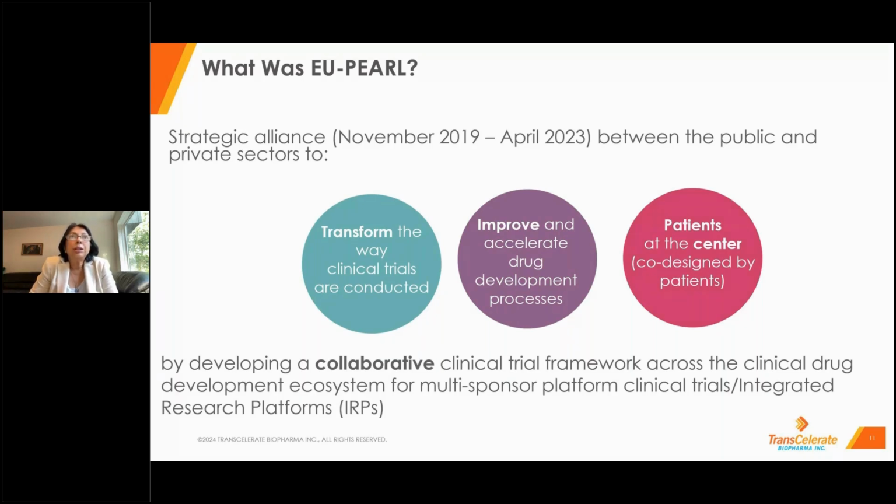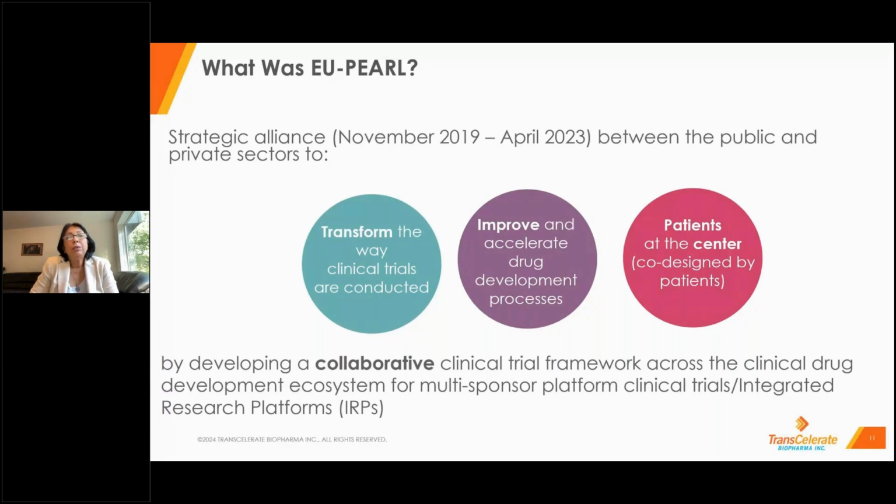So the EU-PEARL project received funding from Innovative Medicines Initiative, and this was supported by the European Union's Horizon 2020 Research and Innovation Program, the European Federation of Pharmaceutical Industries and Associations, the Children's Tumor Foundation, the Global Alliance for Tuberculosis Drug Development, and SpringWorks Therapeutics.